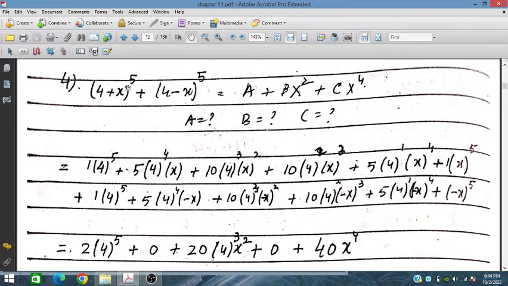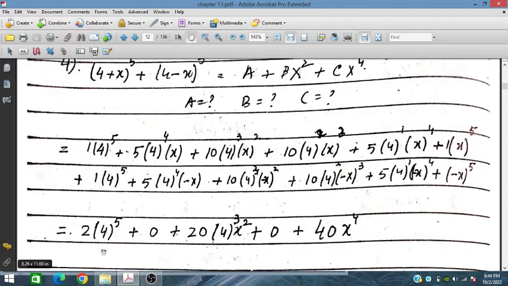So for expansion of this one, 4 plus x to the power 5, here we have Pascal expansion. This is the partial expansion of the first, 4 plus x power 5, and for the second one we have this. Here we have a negative sign, here we have a positive sign. So when we expand and simplify, we get this kind of values.